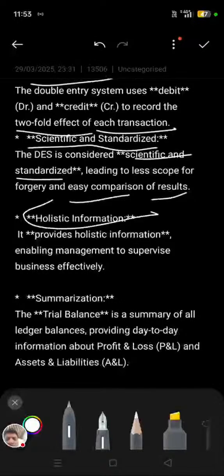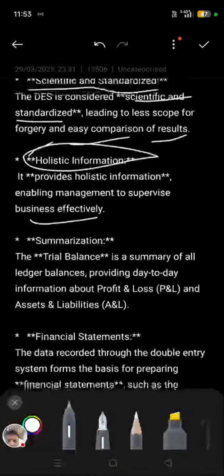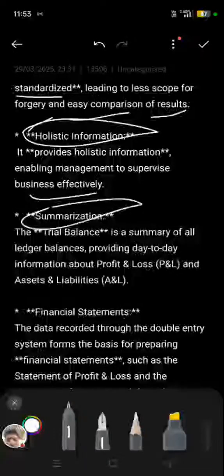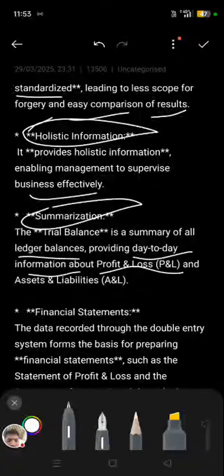Then it provides holistic information, enabling management to supervise the business effectively. Then it gives a summary, the trial balance, a summary of all ledger balances, providing day-to-day information about profit and loss and assets and liabilities.